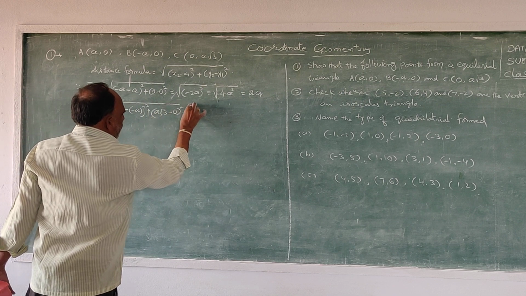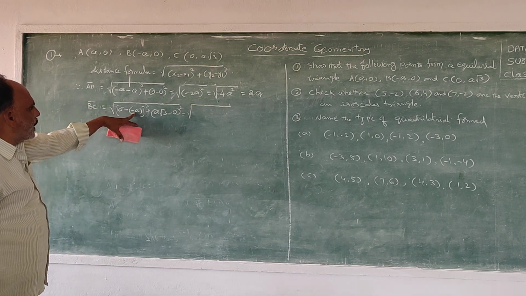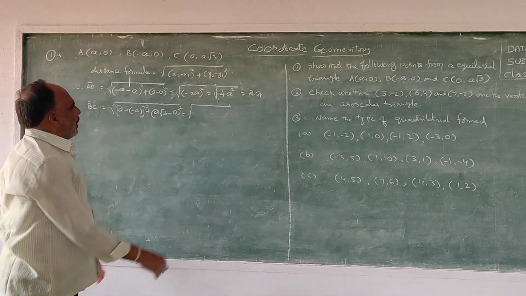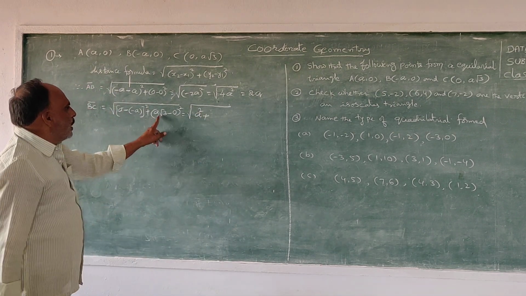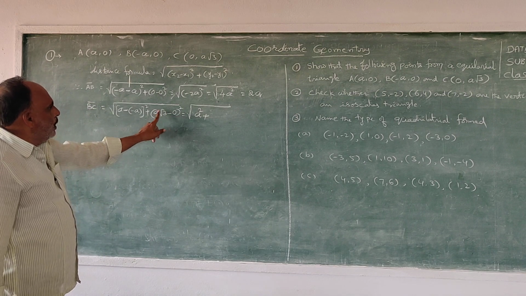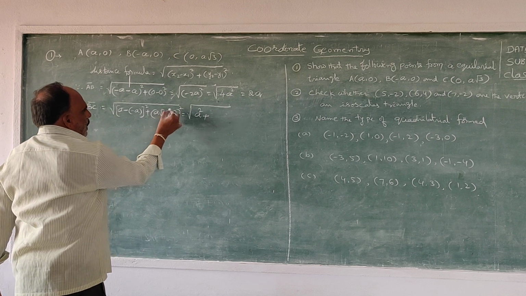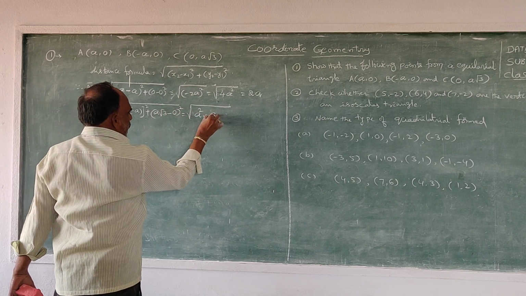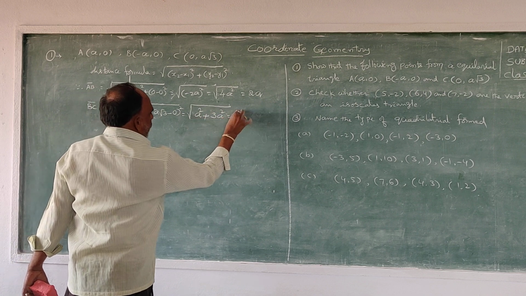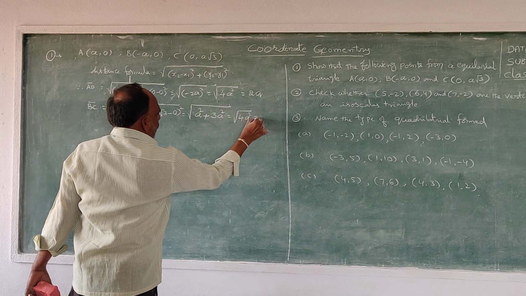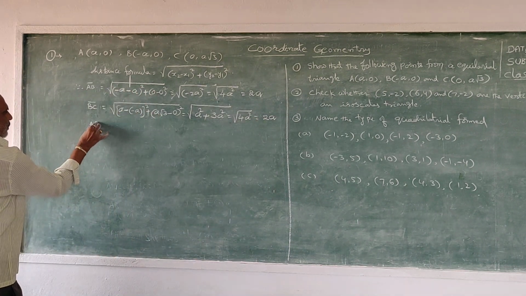That is equal to the square root of (0 plus a) whole square, so a square, plus (a root 3 minus 0), which is a root 3, whole square. Root 3 square is 3, so 3a square plus a square is equal to 4a square. That is equal to 2a. And next, the length of AC.